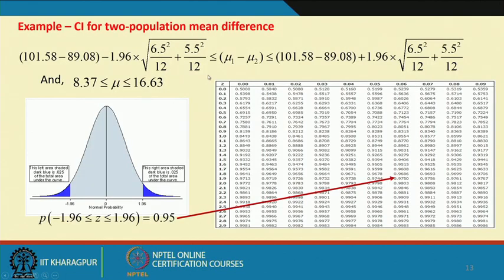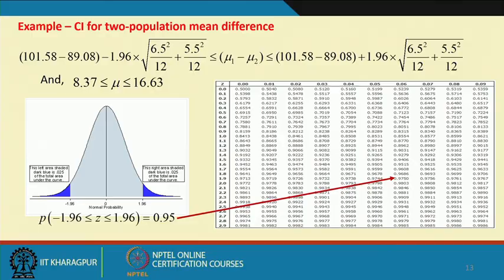N1 equal to N2 equal to 12, and you have used the mean of this random variable minus z times the standard deviation, and then plus z times the standard deviation part. The resultant quantity, which we try to write as theta, that is mu 1 minus mu 2, is 8.37 to 16.63.